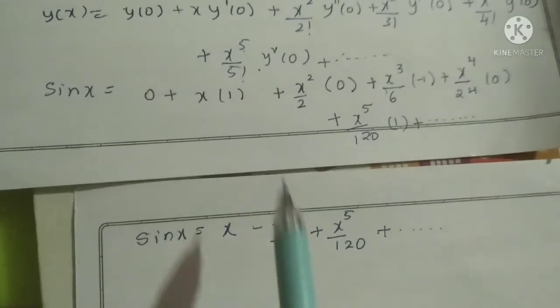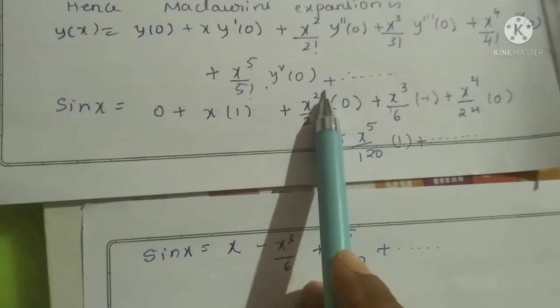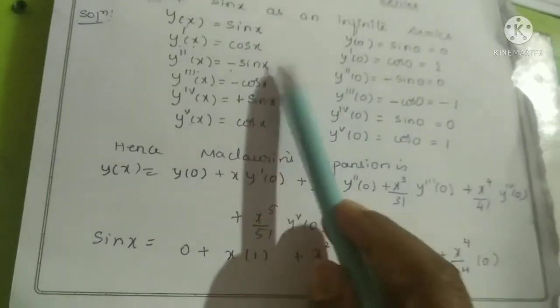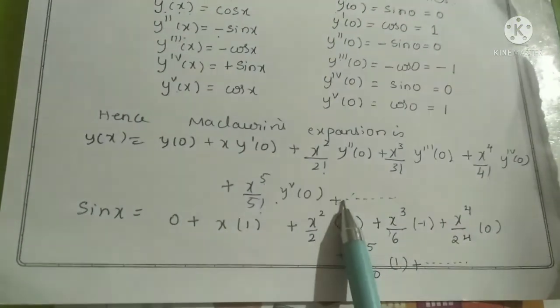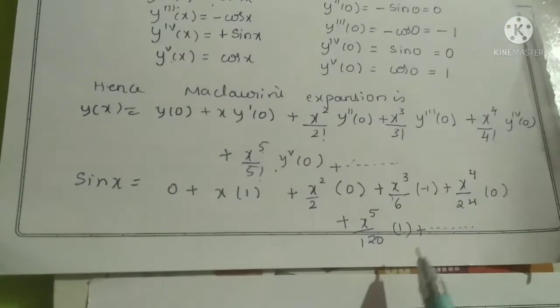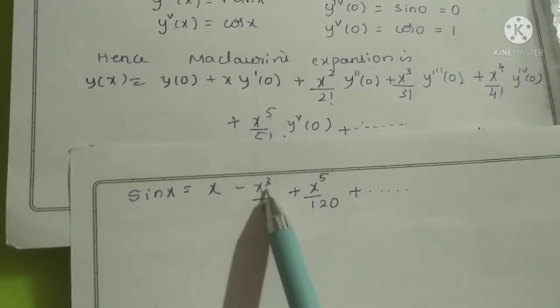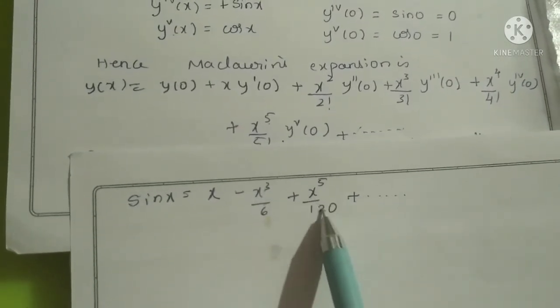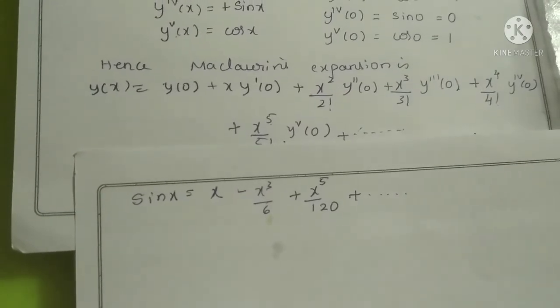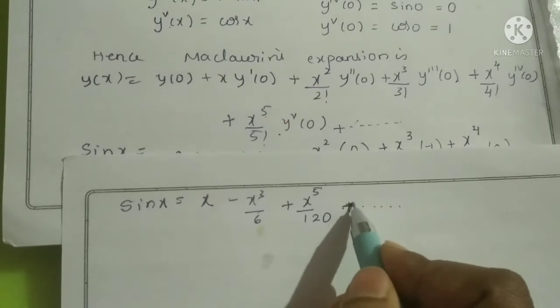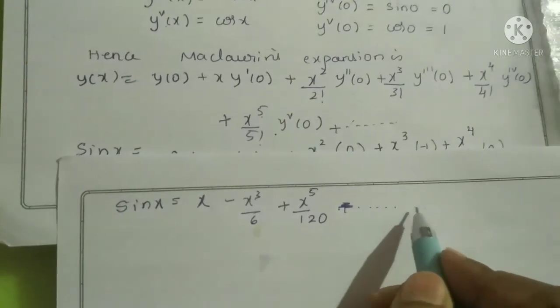Since there is a series expansion, you have infinite terms. The question itself says infinite series, so you have to terminate as an infinite series. The final answer will be sin x equals x minus x cube by 6 plus x to the power of 5 by 120 minus and so on.